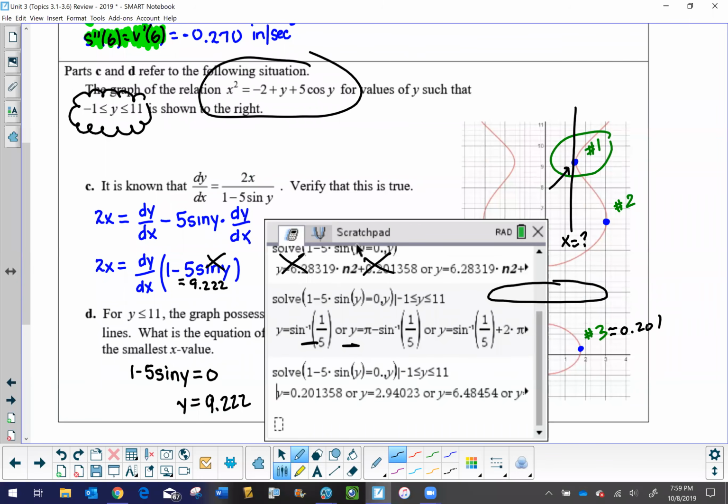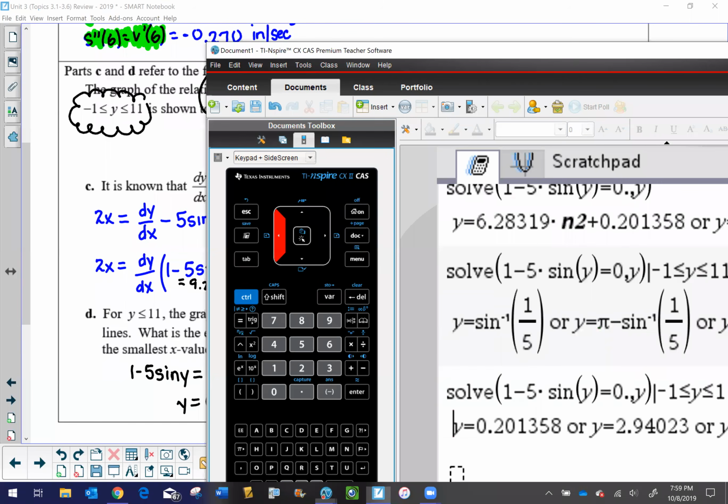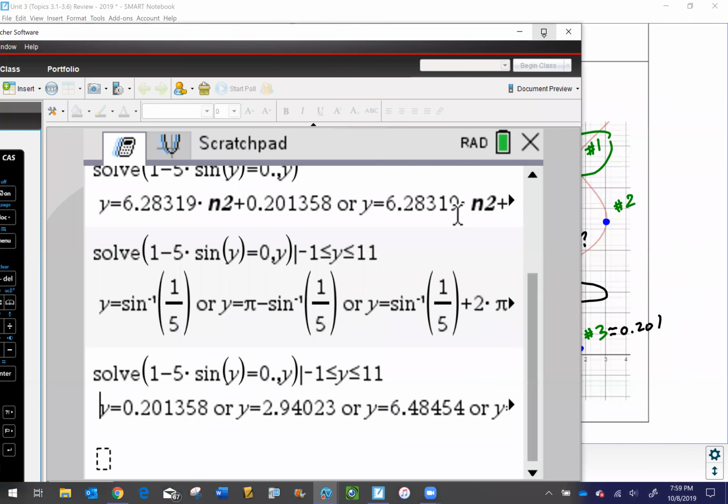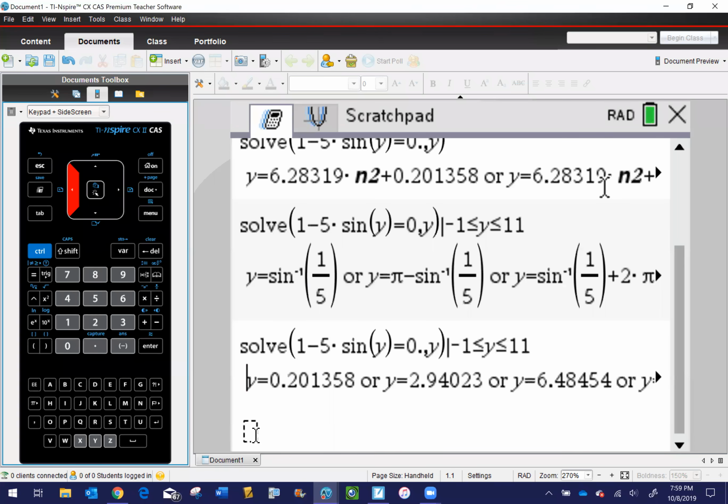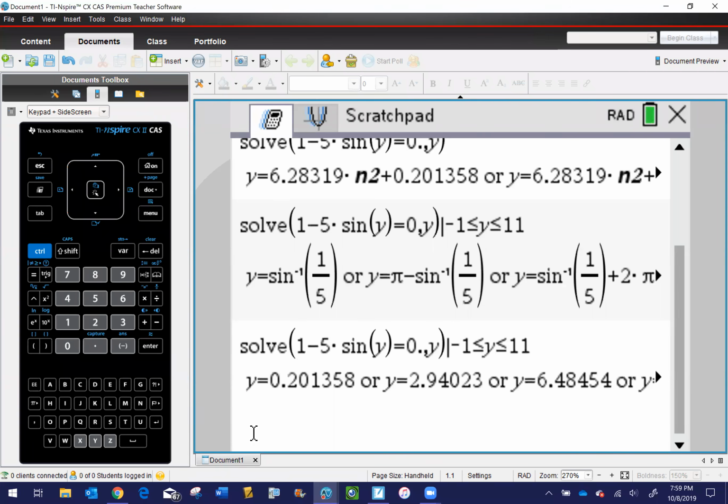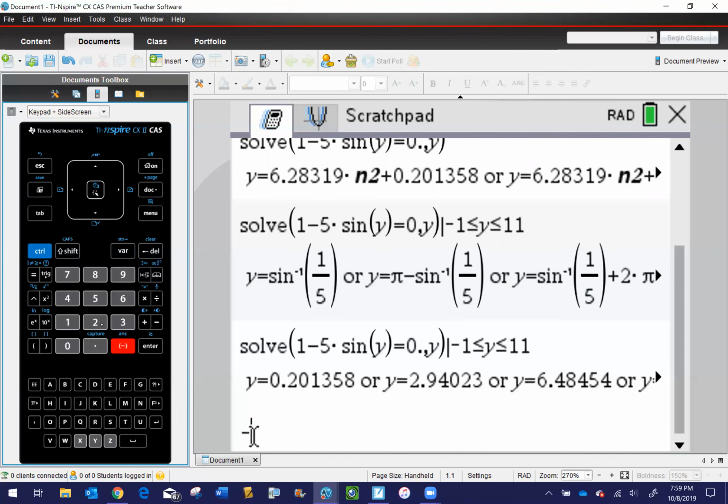So I'm going to take you right back to the calculator. It's coming back on the screen here, hopefully. And man, there's a lot of stuff on our calculator screen here. So at this point, we are going to just focus on the right side of that equation. Now, you guys, if it's in front of you, it has to be on a piece of paper because I got it covered up here. But we're going to go ahead and take -2 and add y. Well, guess what y is? 9.222.